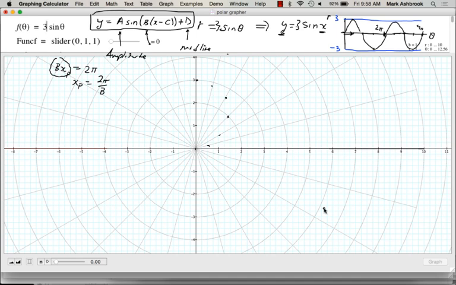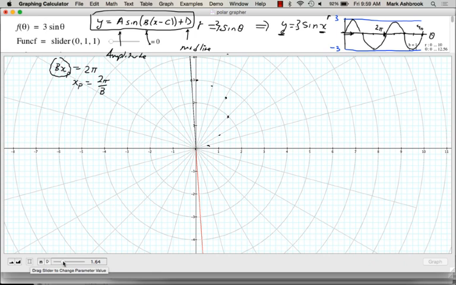Can you see that? Watch as theta increases from 0 to pi over 2, r is increasing from 0 to 3. You're going to have to be able to do this without the animation. As theta increases from 0 to pi over 2, values of r increase from 0 to 3. Did you see it? Does it make sense?